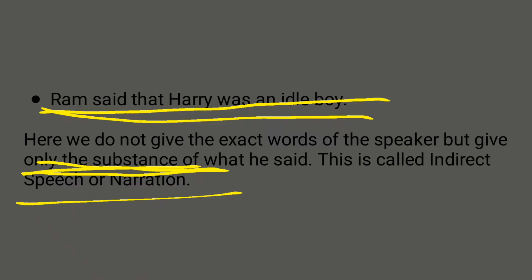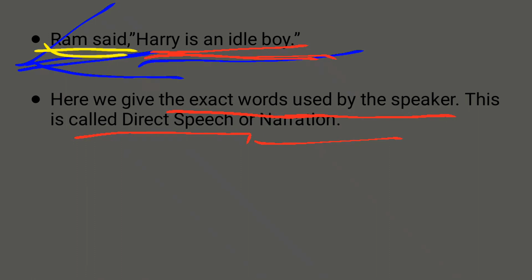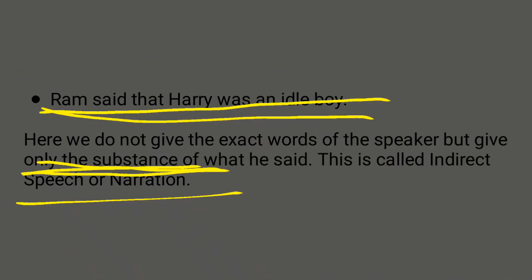Let's revise once. In the first sentence we have given the exact words used by the speaker. But in the case of indirect speech, we do not give the exact words of the speaker, but give only the substance of what he said. Okay, now let's move on.